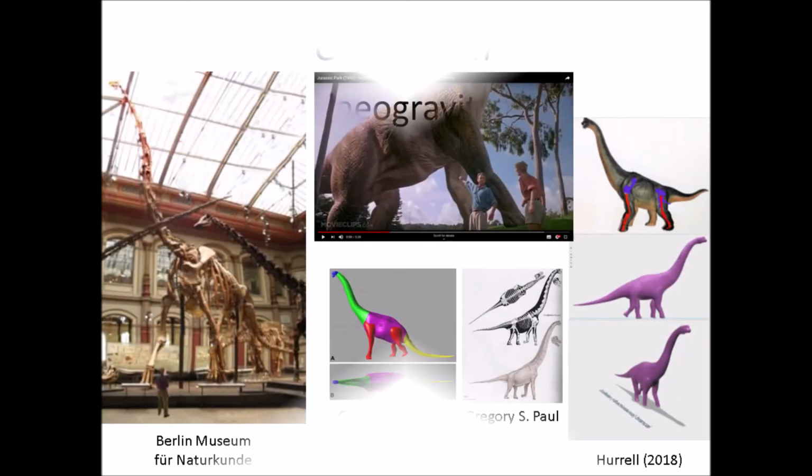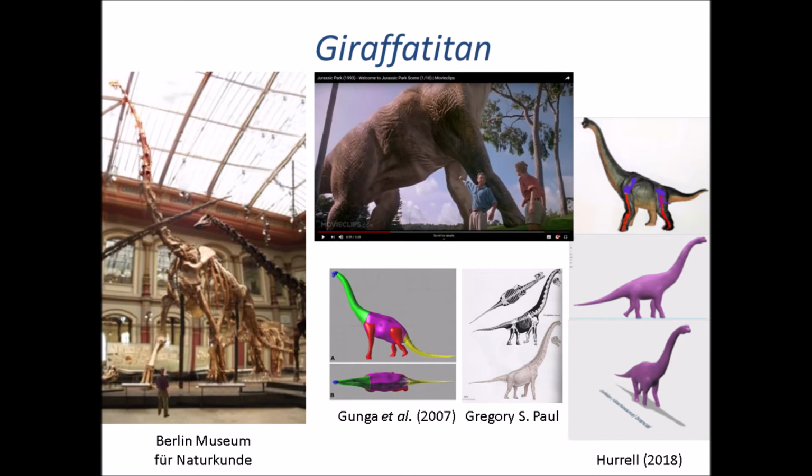The first dinosaur I looked at was Giraffatitan. This dinosaur has only recently been renamed and was known as Brachiosaurus for years. In the picture on the left, you can see me standing in front of the Berlin Giraffatitan. The picture in the middle is from the Jurassic Park film.